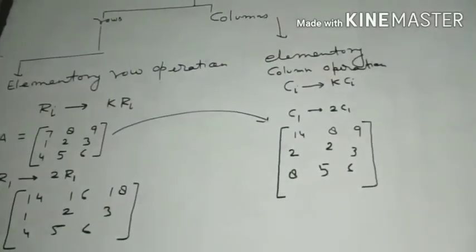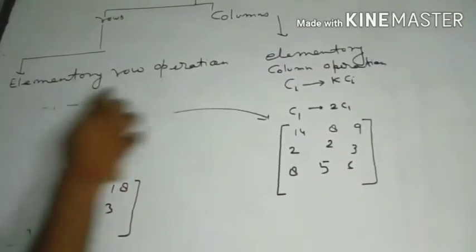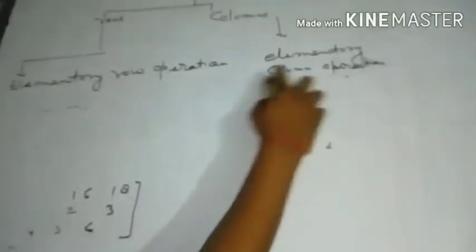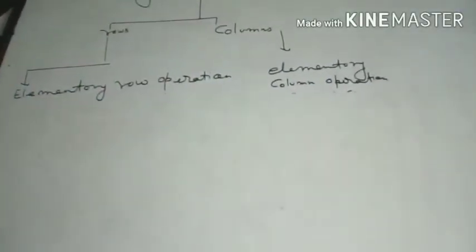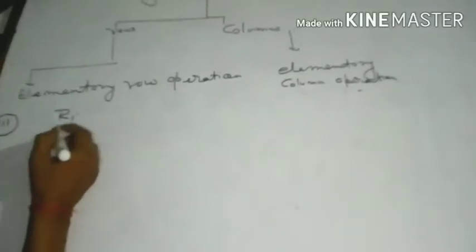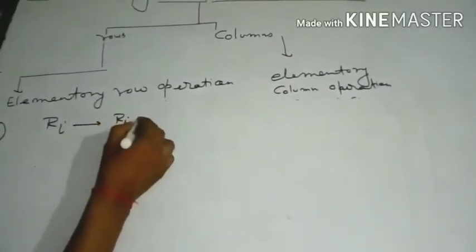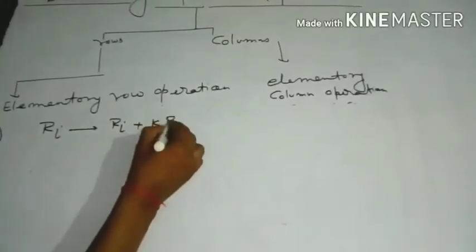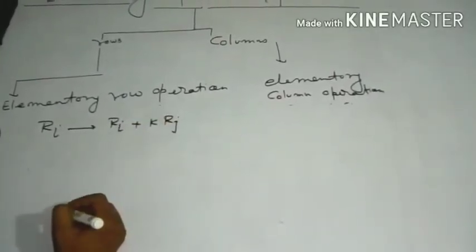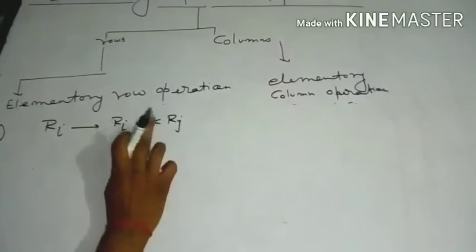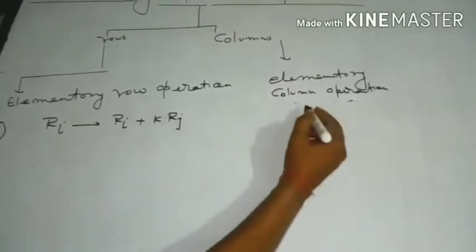Then you have to see the third elementary operation. In the ith row, we want to add k times the jth row, where k is a non-zero constant, either negative or positive.